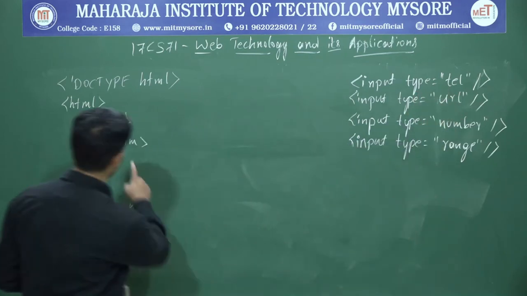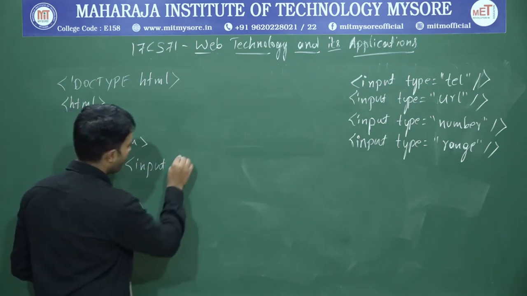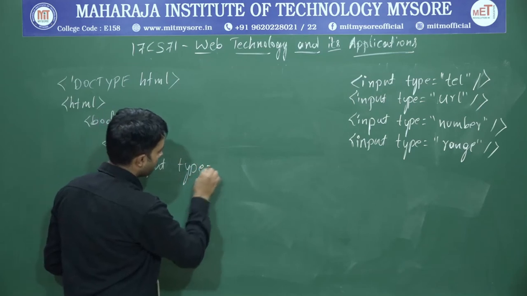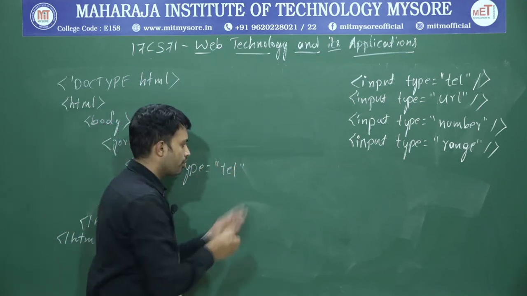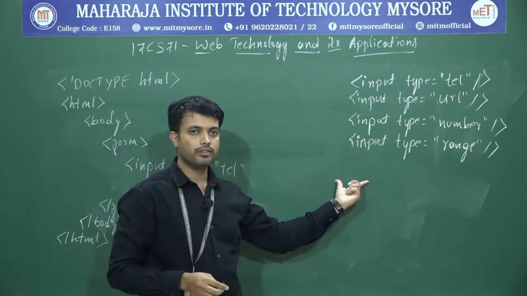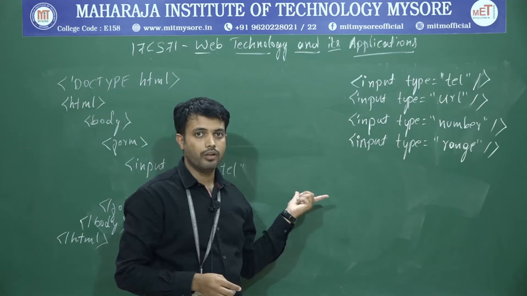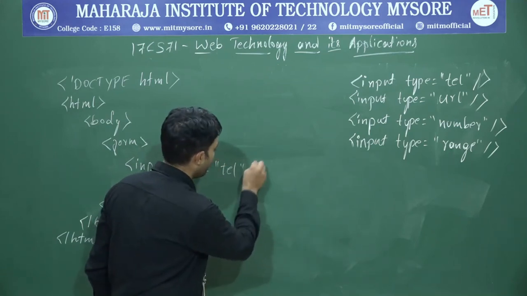So within form, input type equals, within double quotes, TEL. You can use maxlength, to control how much to display, and other attributes.